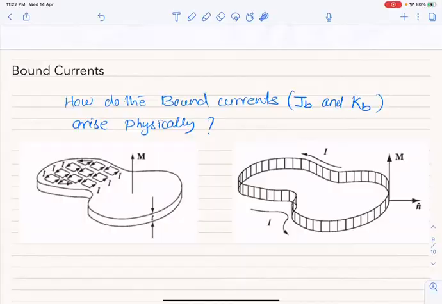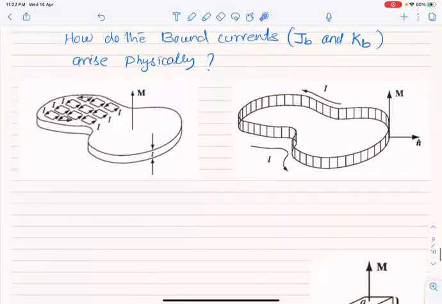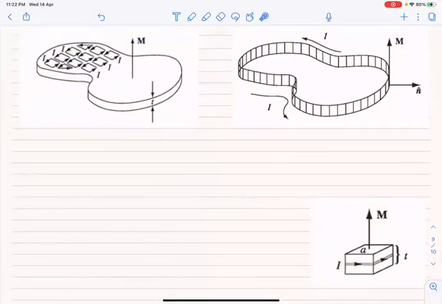So those tiny current loops inside now appear as if there is a current I flowing at the boundary, in this ribbon. Now, what is this current? Take one such loop. If the thickness is T, what should be the magnetic dipole moment for one loop?